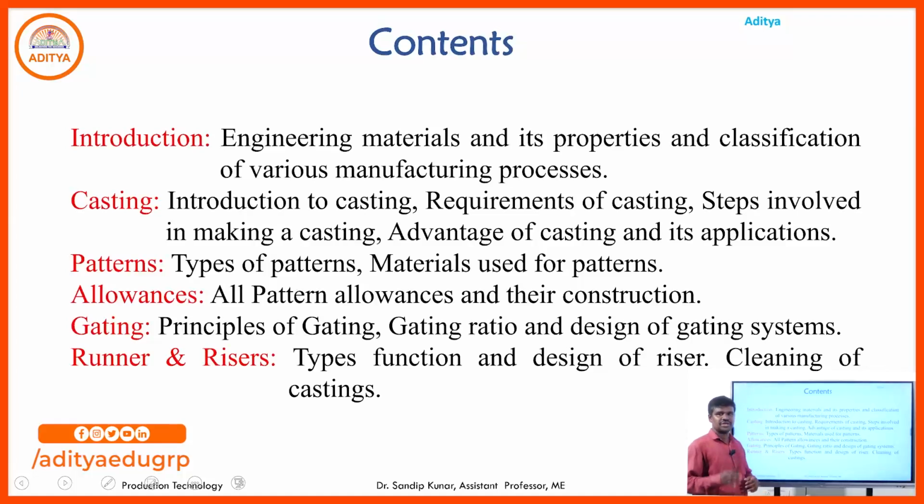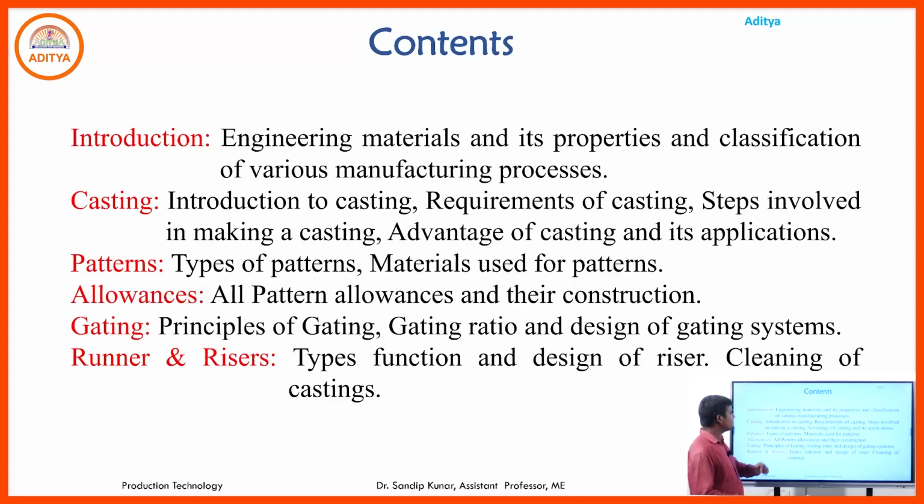In Unit 1, these are the contents. First, introduction: engineering materials, properties and classification of various manufacturing processes. Second, casting: introduction to casting, requirements of casting, steps involved in making a casting, and advantages of casting and its applications.